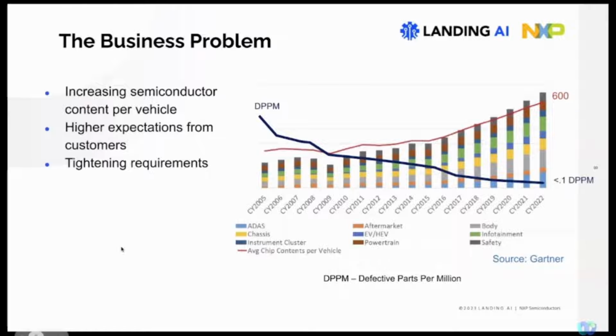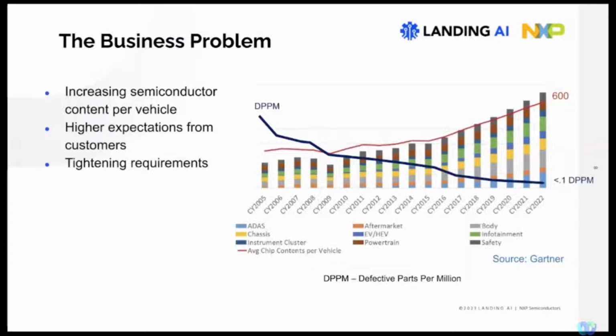So the problem that we have is, of course, if you look at any vehicle, for example, in the automotive industry, this is data that we gathered from Gartner. And as you see, as the years go by, the number of chips in a car goes to more than 600, and even more in the coming years.